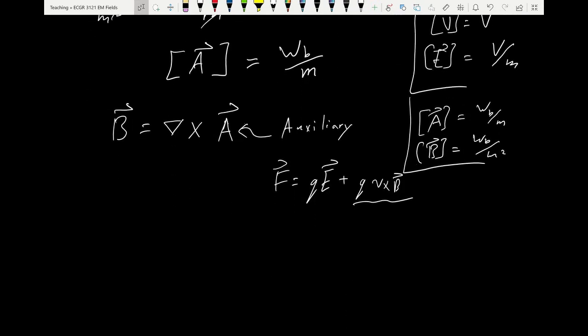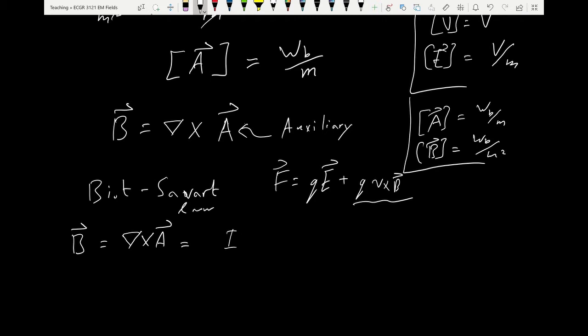To find out how, we have to go back to the Biot-Savart law, right? So remember, the Biot-Savart law says that B, which equals curl A, right? Let's go back to the Biot-Savart law. What is H?